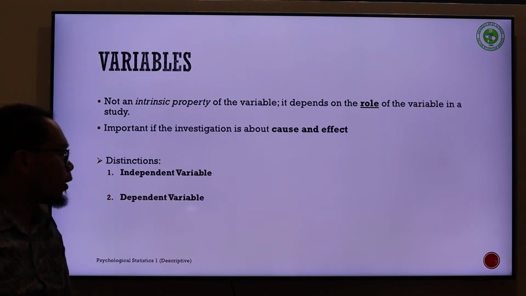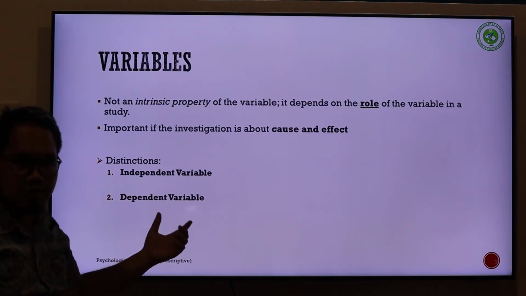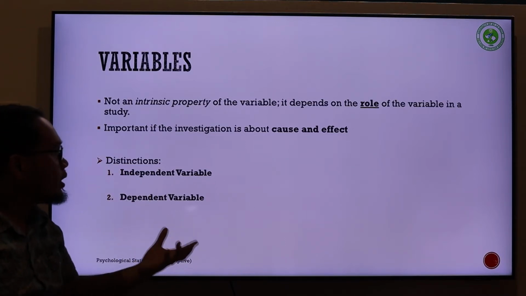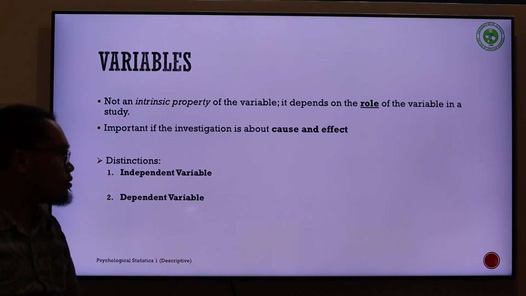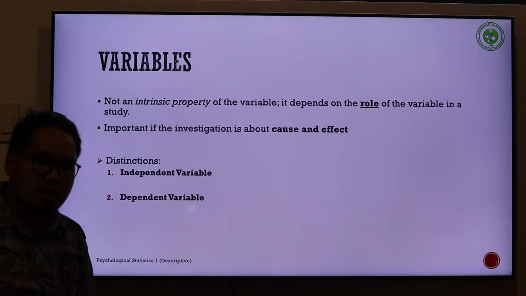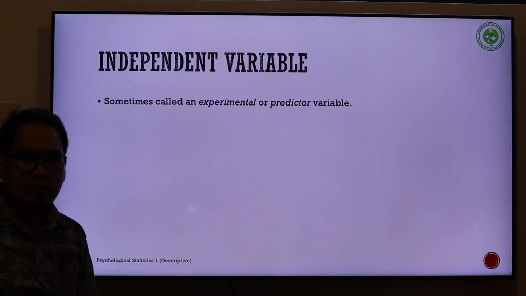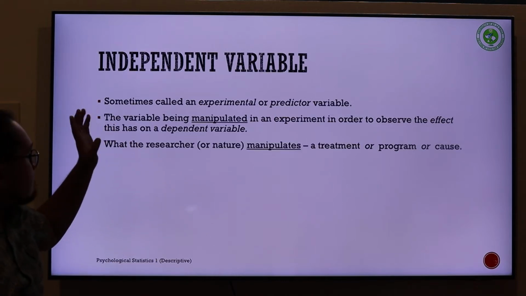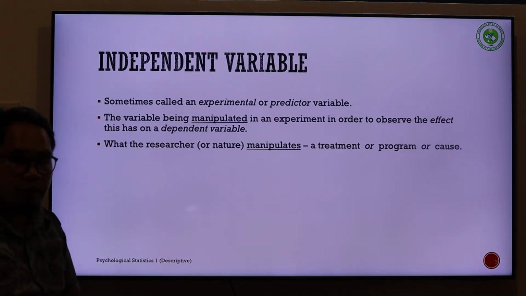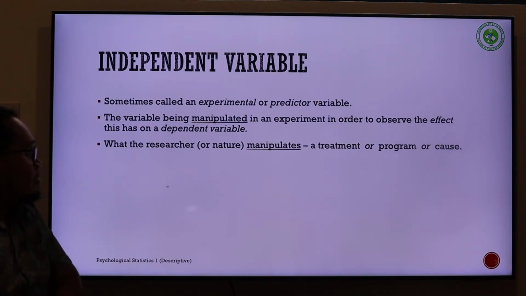This is important in your science projects way back then, to determine the independent variable and the dependent variable. But in research, it's even more important that, first thing, you determine which is the independent and which is or are the dependent variable. Let's first talk about the independent variable. It is sometimes called the experimental or predictor variable. Independent, it doesn't depend on anything. It is already there.